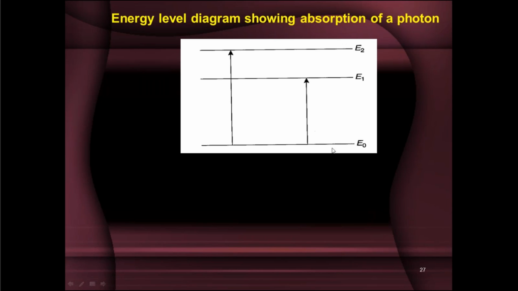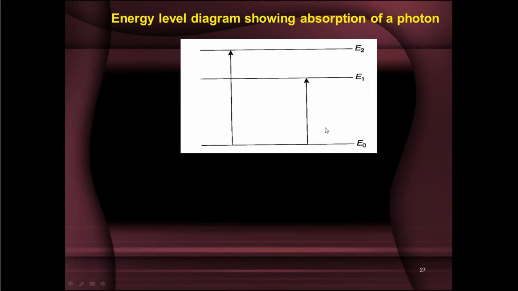The electrons are residing in the lowest energy state. When a photon, which is a packet of energy, passes near the electron, it is absorbed by the electron in E0.